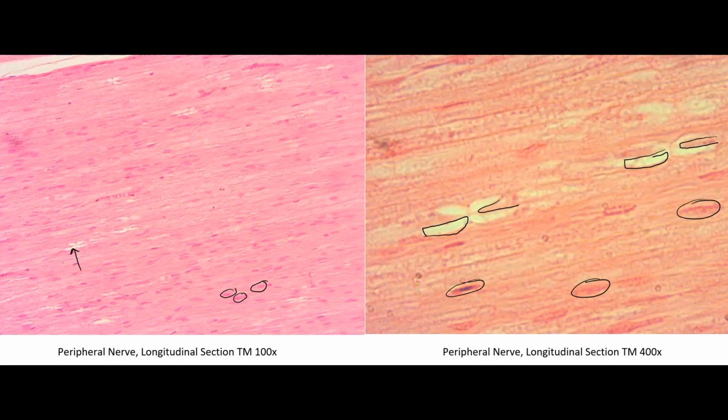And then the other thing we can see that's important is nodes of Ranvier. And that's a point on the myelinated axon that isn't myelinated.